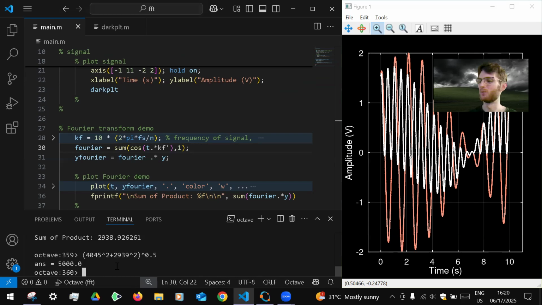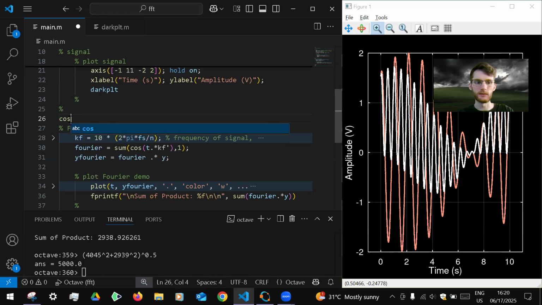Now this could be more convenient if, instead of multiplying by a cosine wave and a sine wave individually, you multiply it by this kind of wave. So you have cosine of whatever plus square root of -1 times sine of whatever.